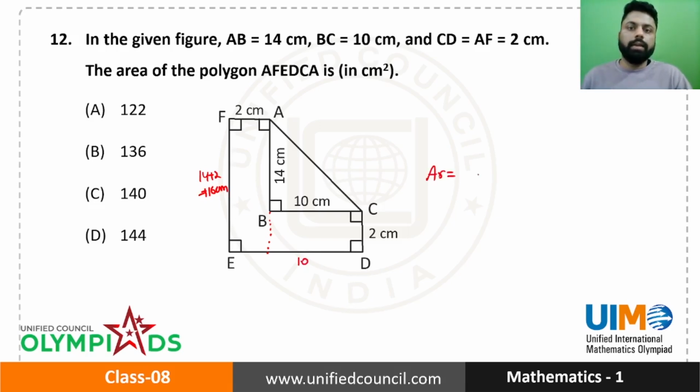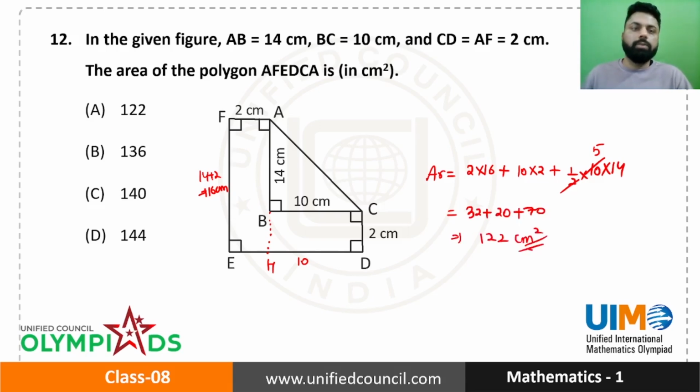So area is equal to 2 multiplied by 16, area of AF, EH, plus 10 into 2 plus half multiplied by 10 into 14. So this is 32 plus 20 plus 70, that is 122 centimeter square. So A option is the correct answer.